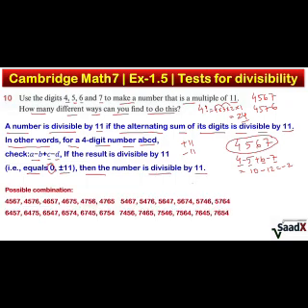Now find out the combinations. So the possible combinations are like this. Here are 24 numbers like 4 5 6 7, 4 5 7 6, 4 6 5 7, etc. So one by one we should check which number is divisible by 11.